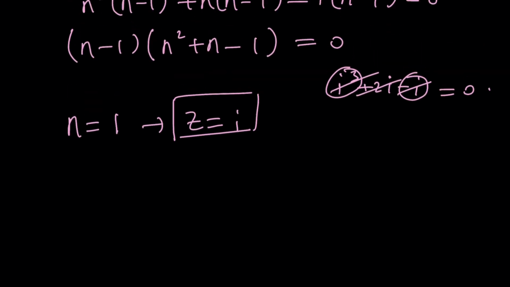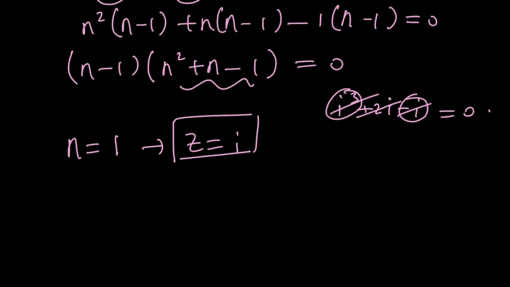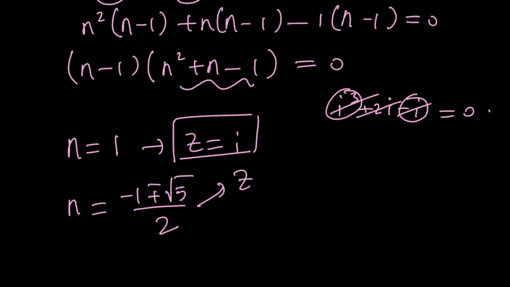But there are other solutions that come from the quadratic. And do you smell the golden ratio? I hope so. So n becomes negative 1 plus or minus the square root of b squared minus 4ac, which is 5. This number should look familiar. So from here, we get two n values, but let's go ahead and write the z values.